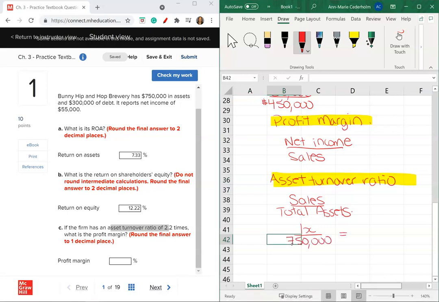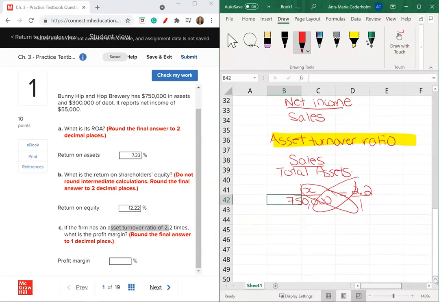And then I know the answer to that is 2.2. So they said the asset turnover ratio is 2.2. So I'm just going to do bunny ears. That's how I learned how to do math. And so then X equals 750,000 times 2.2. So then X equals 1,650,000. And remember, X is your sales.